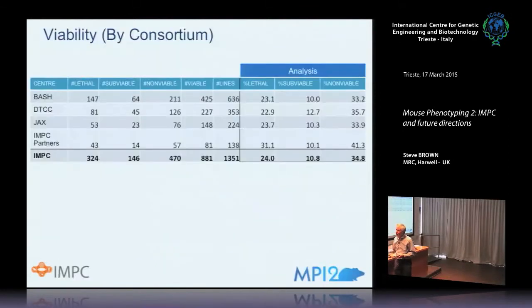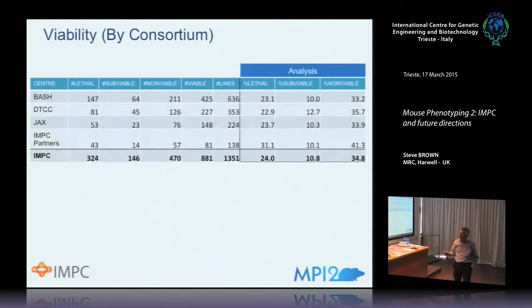So the first is viability. Let's just look at the numbers for viability. And this summarizes all of the numbers to date from lines that have been tested for viability. And you can see that if you look at this panel here, which is analysis, pretty much across all of IMPC, we find about a quarter of the lines are lethal. That is, they don't survive to term.